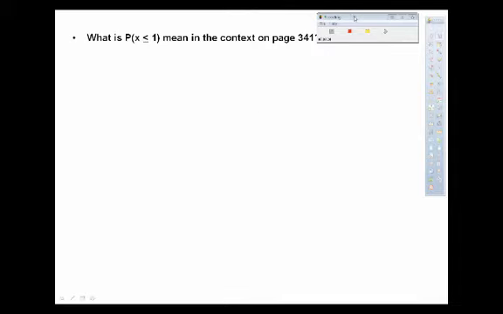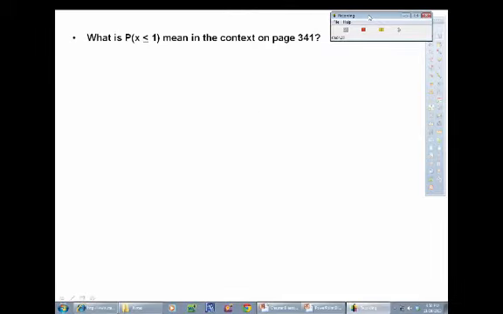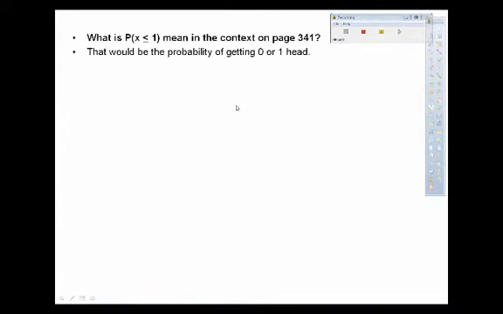So your question is, what is the probability that X is less than or equal to 1? Well, that would be the probability of getting 0 or 1 head.